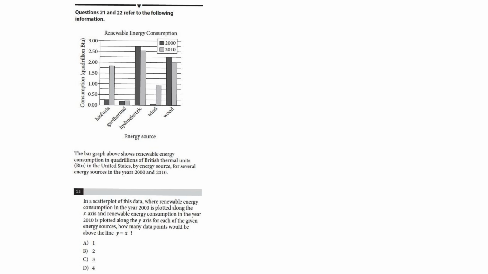In a scatter plot of this data, where renewable energy consumption in the year 2000 is plotted along the x-axis, and renewable energy consumption in the year 2010 is plotted along the y-axis for each of the given energy sources, how many data points would be above the line y equals x?